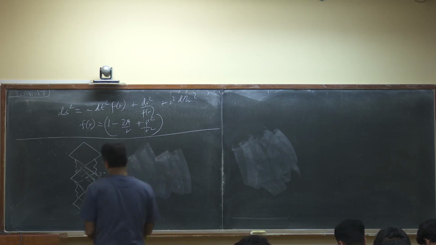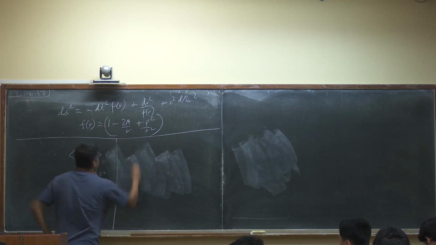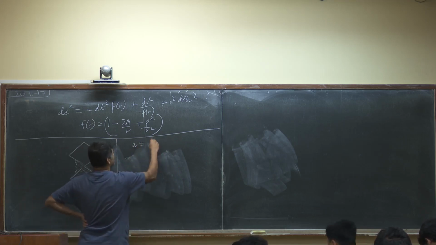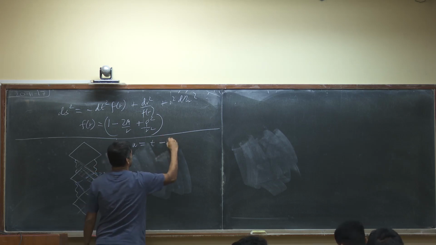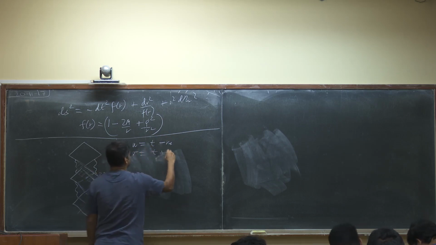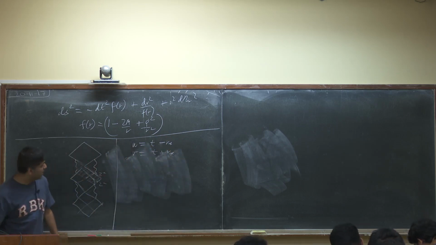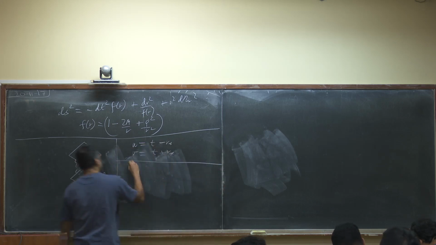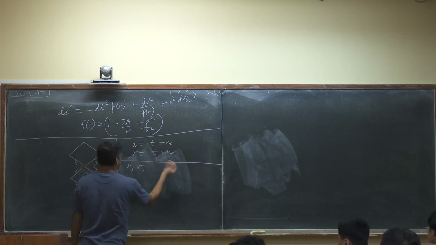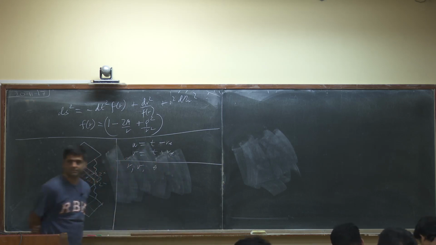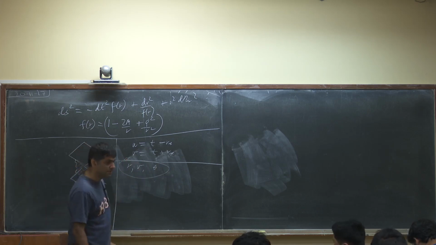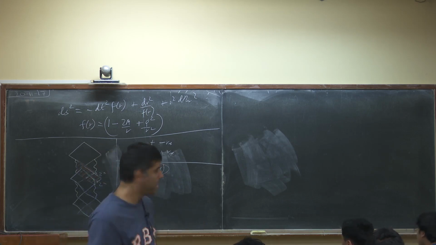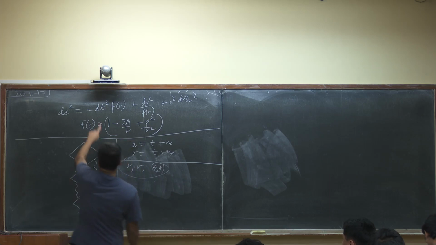So first let's write them down. You remember if we define u equal to t, somebody help me, plus or minus? t minus r star, and v equal to t plus r star. Then we'll work with the coordinates r, v, theta and phi, the two angular coordinates.